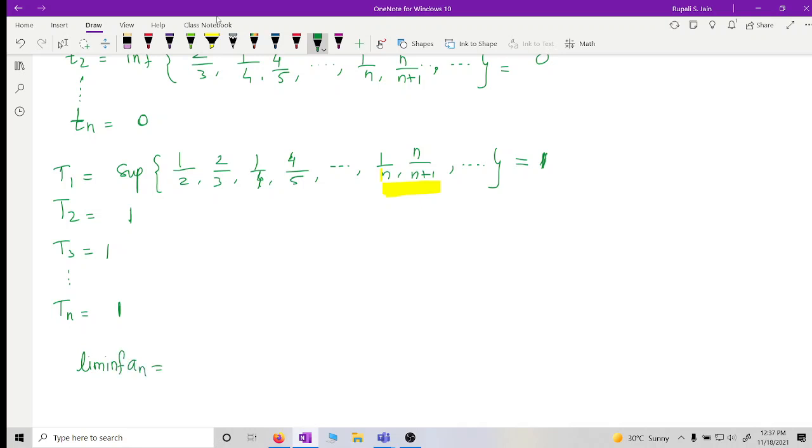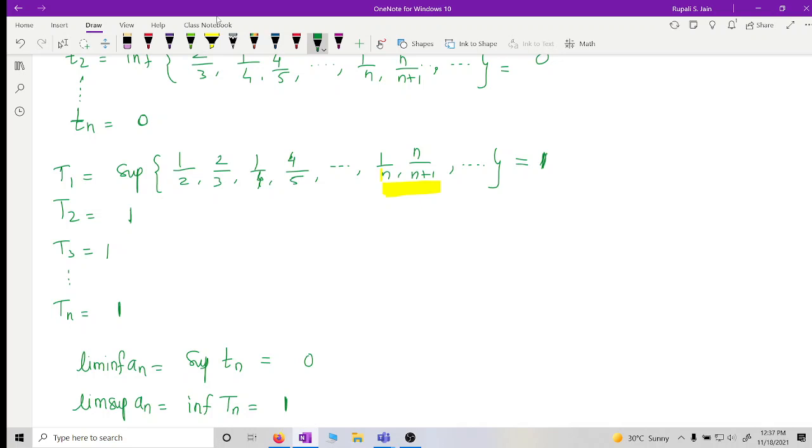Zero. Supremum of small tn, what is the supremum of small tn? It is 0. And what is lim sup? It is the infimum of capital Tn, which is nothing but 1, right?